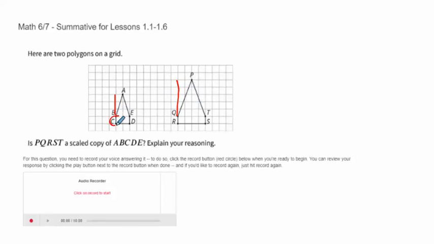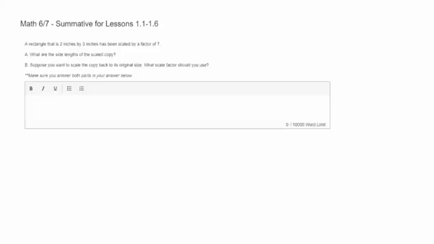However, do you see that this measurement did not change at all? If there's any measurement that does not change at all, then it is not a scaled copy. This looked good here because this was 2 and this was 4, but anytime there is one thing that stays the exact same, it is no longer a scaled copy.